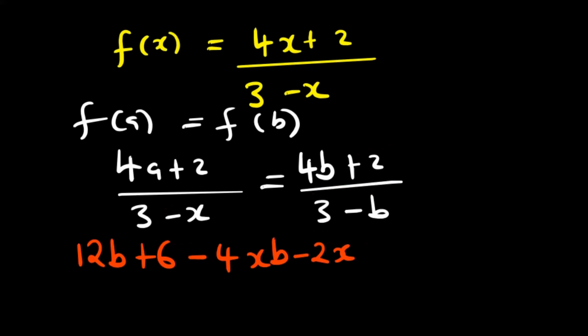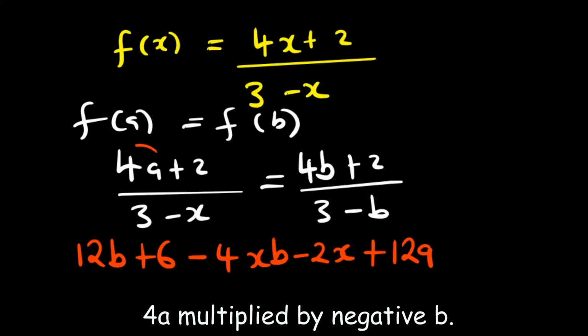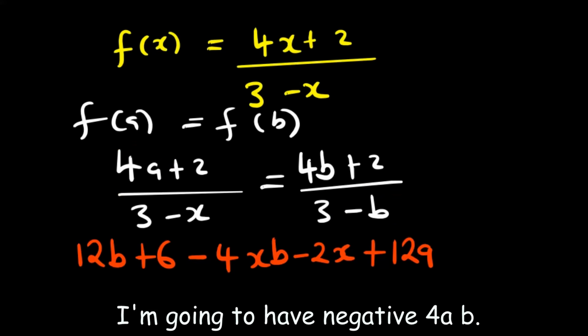So 4a multiplied by 3, I'm going to have positive 12a. 4a multiplied by negative b, I'm going to have negative 4ab.